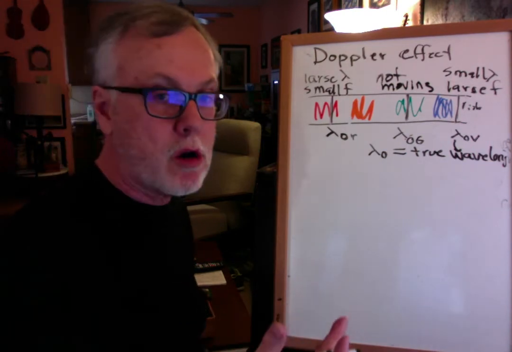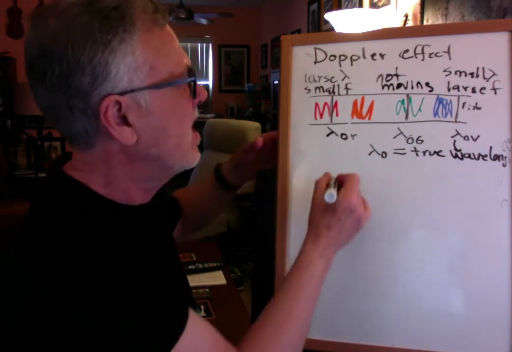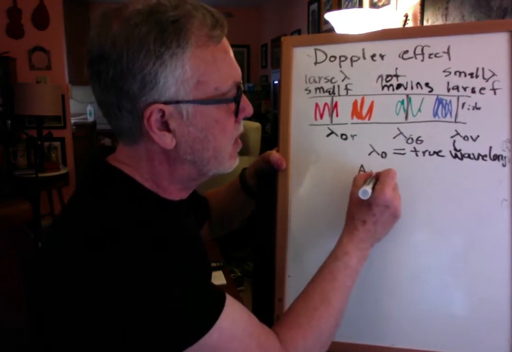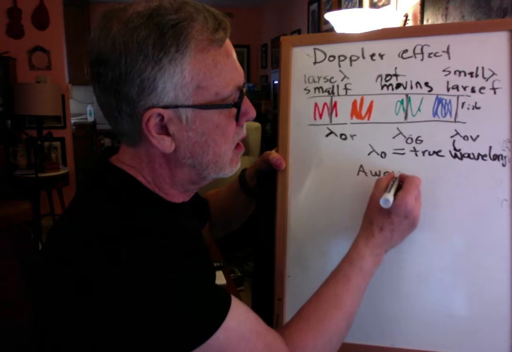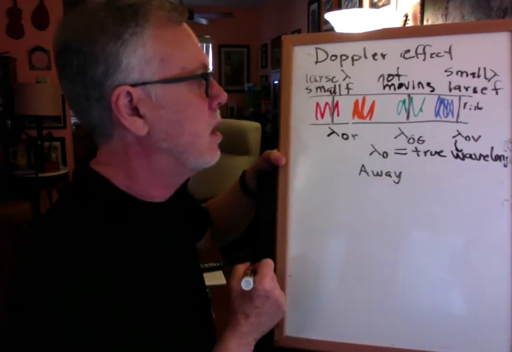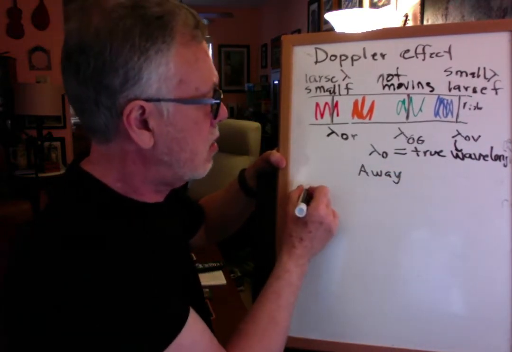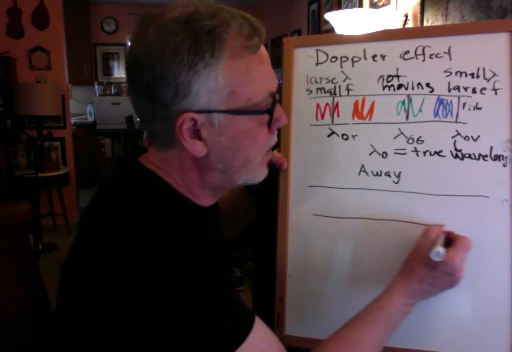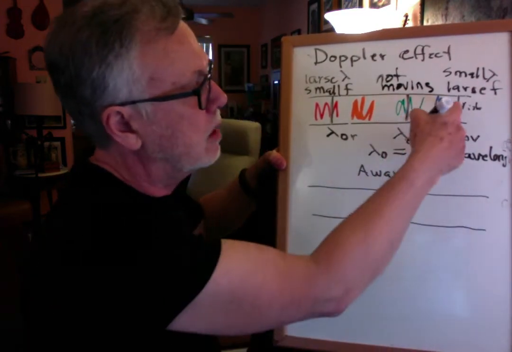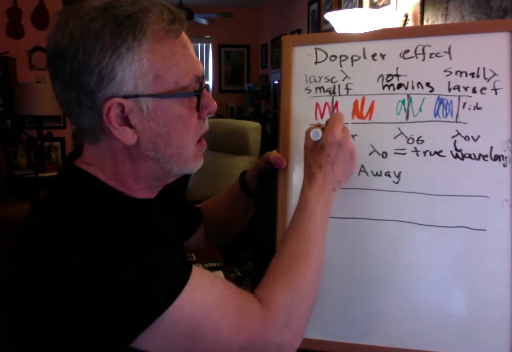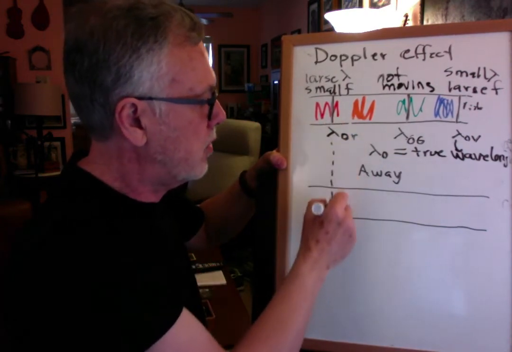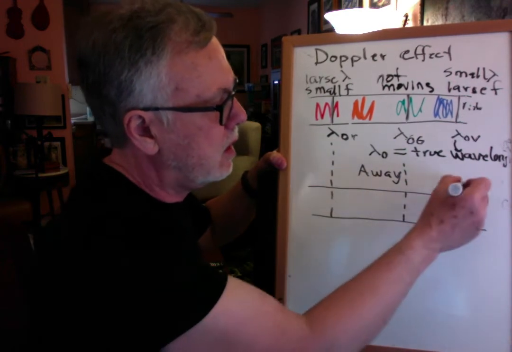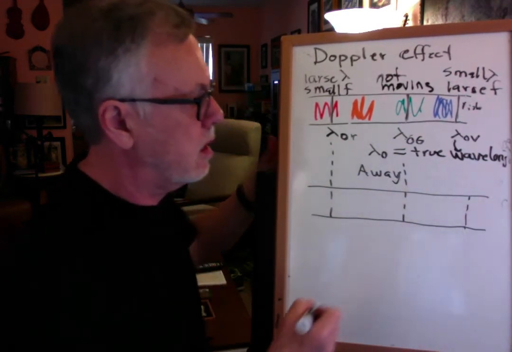Now, let's get the star moving. And so let's say that the star is moving away from us. And so here's the spectra again. I won't bother drawing in all the colors, but this is where the true wavelength of red would be, of green, and of violet.